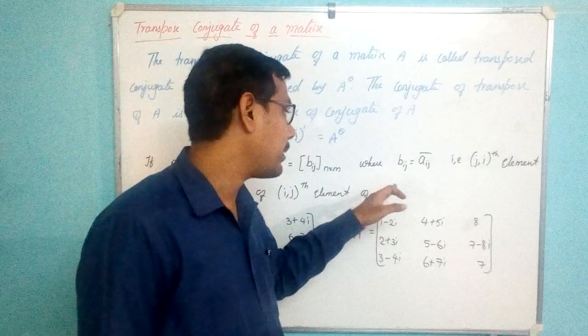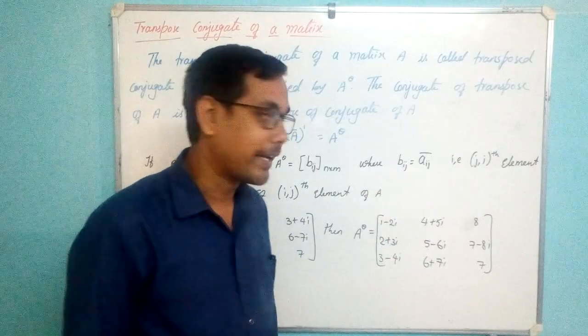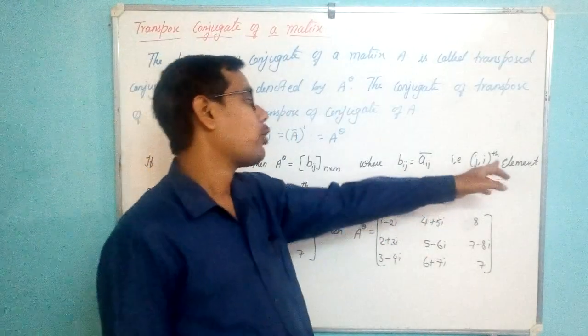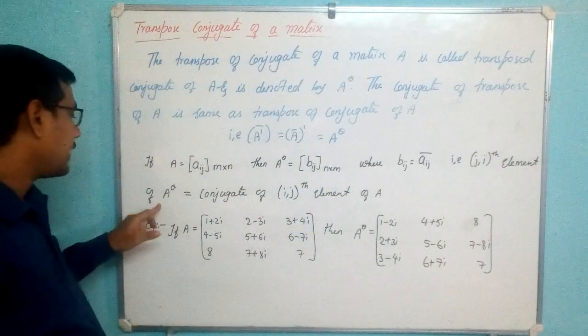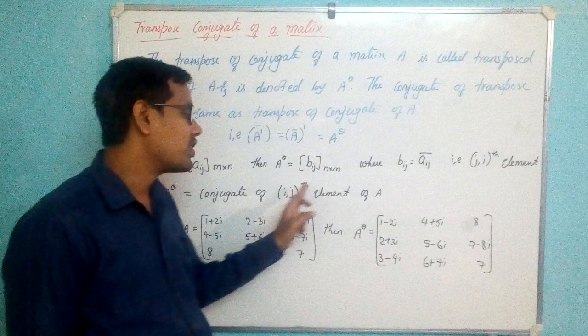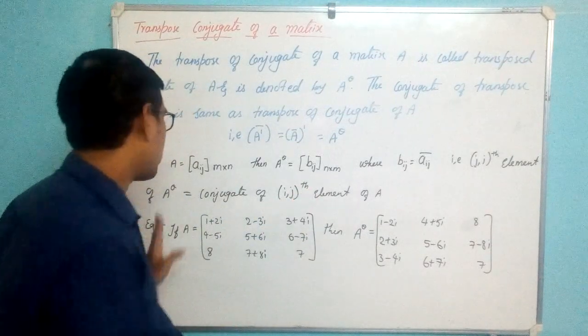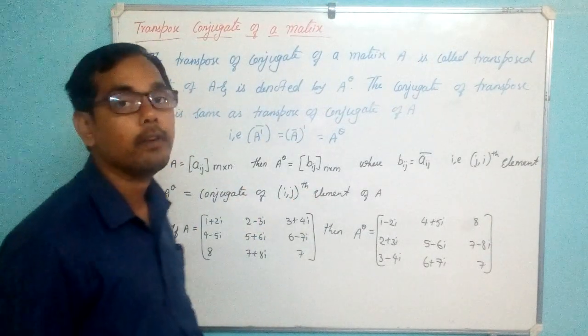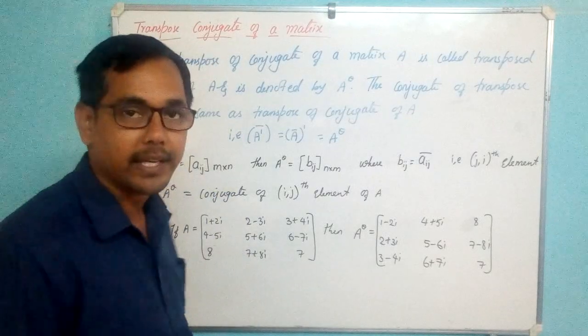Bij will be equal to Aij conjugate, right? That is the j comma ith element of A transpose. The j comma ith element of A transpose will be equal to the i comma jth element of A. So that is nothing but taking the transpose.